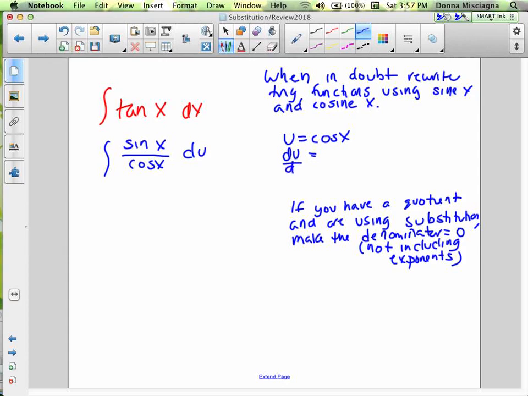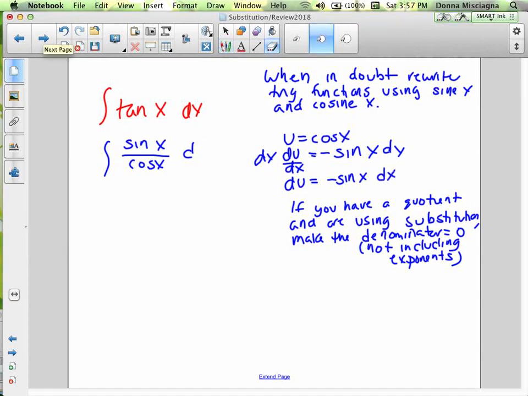The derivative of u with respect to x is du dx. The derivative of cosine x is negative sine x. Move the dx over, multiply both sides by dx, so we have du equals negative sine x dx. We see the sine x, we see the dx, we don't see the negative, so move the negative over.